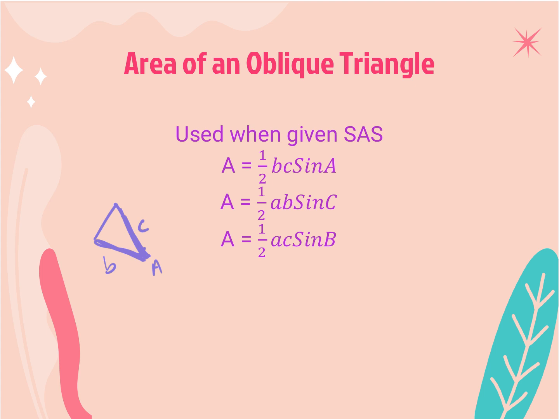So anytime you have this case of a side angle side, two sides and an included angle, you can use any of these three formulas depending on the information that you have to find the area of your triangle.